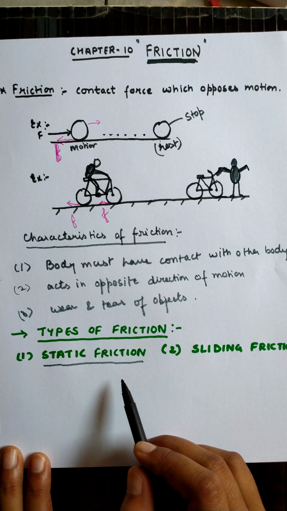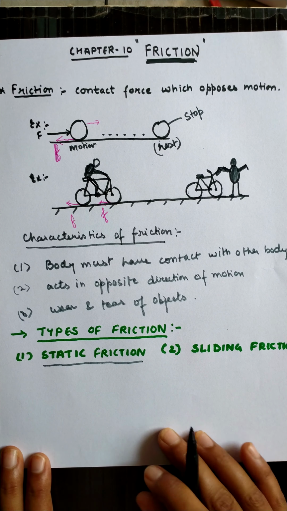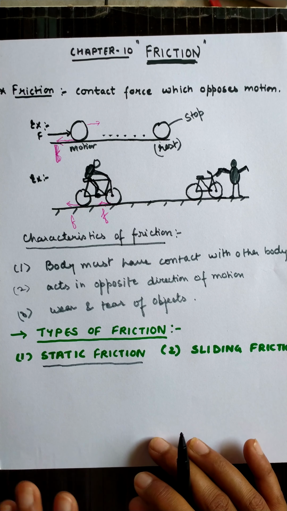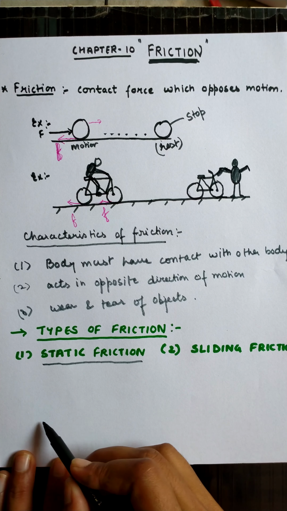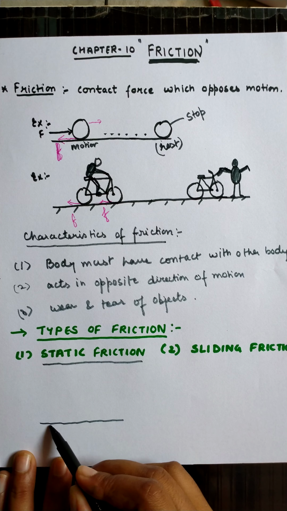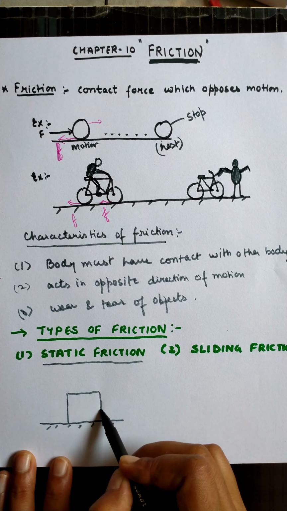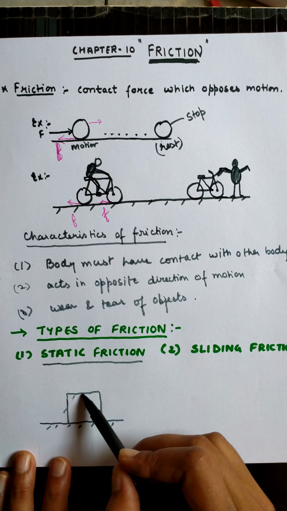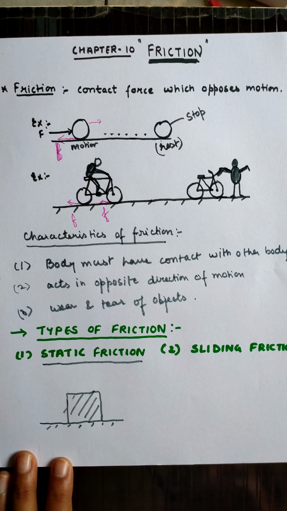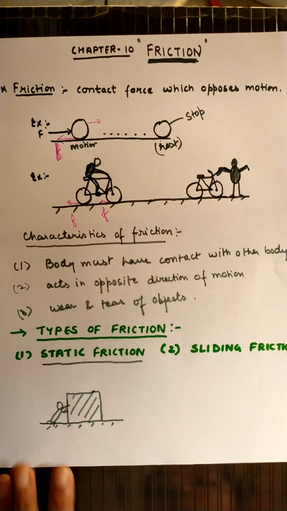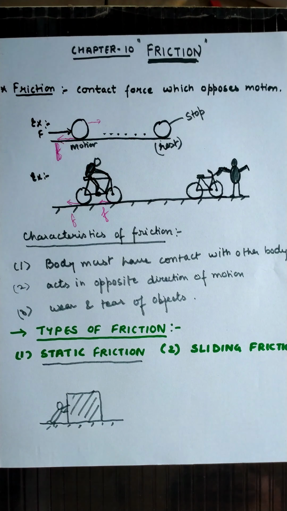What is static friction? Whenever two surfaces are in contact with each other and there is no relative movement between them. Like there is a surface, the ground, and on this surface a huge iron block or wooden block is there. A person tries to push this block but is not able to push it.